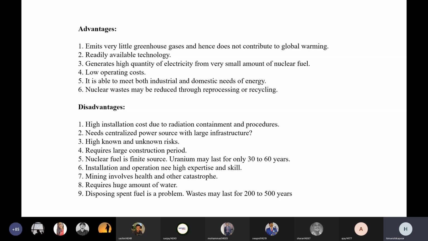Can you just repeat your question? I am saying that why is there no requirement of moderator in breeder reactors. See what happens in the breeder reactor. In a breeder reactor a fission is already happening, and then uranium is converted into plutonium.